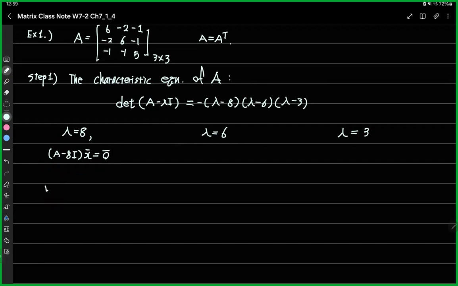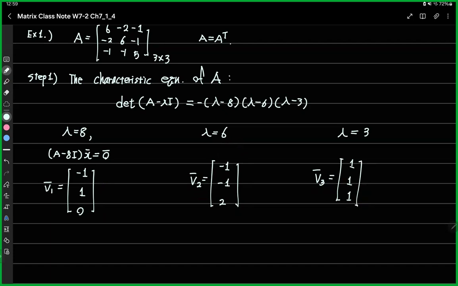Then you'll get V1, the eigenvector corresponding to lambda equals 8: -1, 1, and 0. For lambda equals 6, the eigenvector is -1, -1, and 2. Then for lambda equals 3, it's 1, 1, 1.